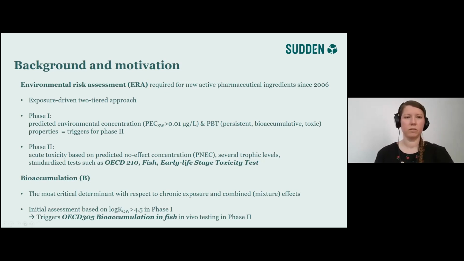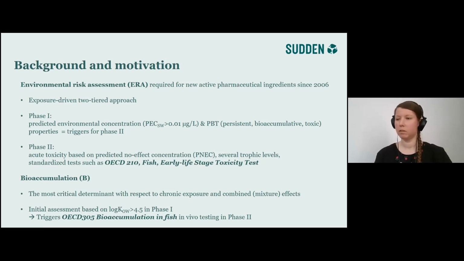This involves acute toxicity evaluation in several trophic level organisms, and also the bioaccumulation studies contain the fish experiments. So in principle, the studies are conducted in living organisms.